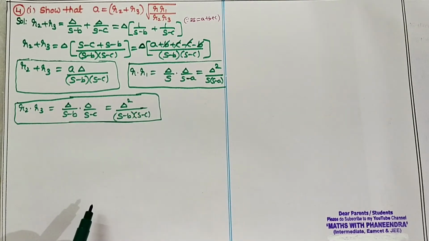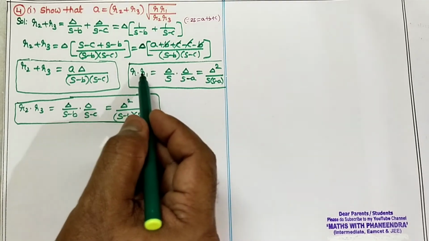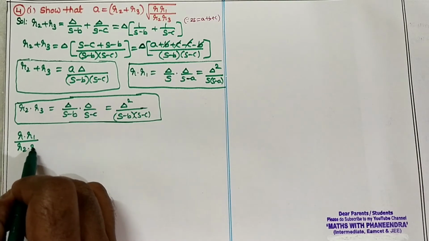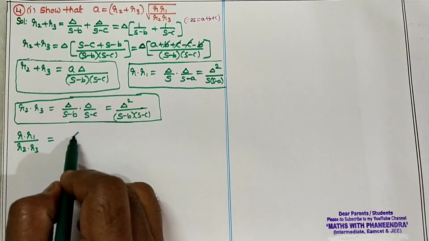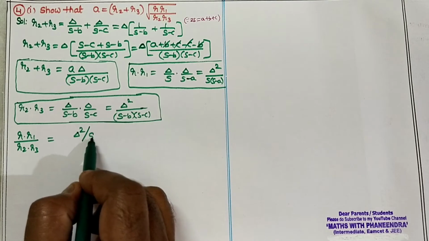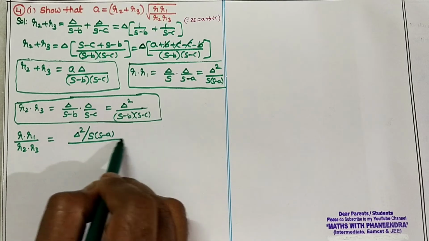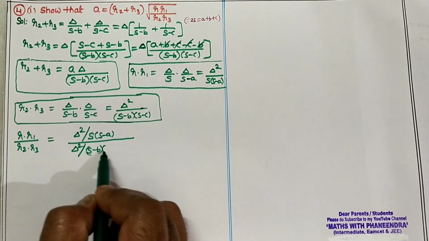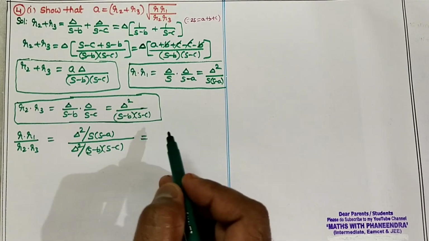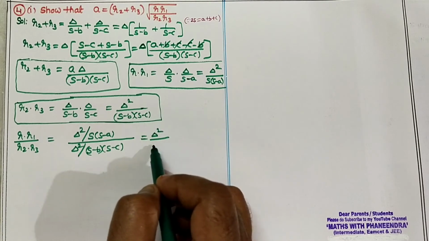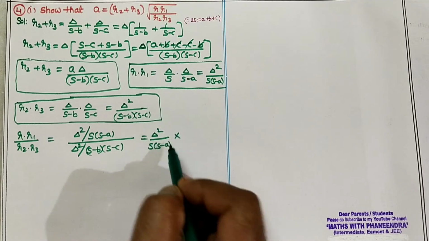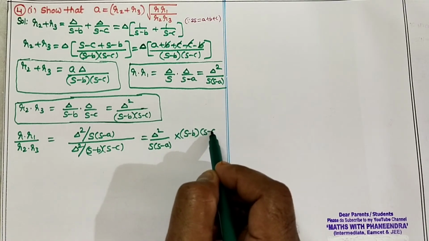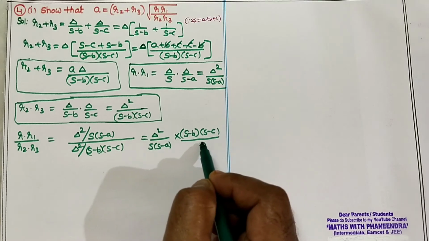Now the value of r into r1 divided by r2 into r3 is equal to delta square divided by s into s minus a, whole divided by delta square by s minus b into s minus c. So delta square by s into s minus a into, this will become the denominator, numerator s minus b into s minus c divided by delta square.